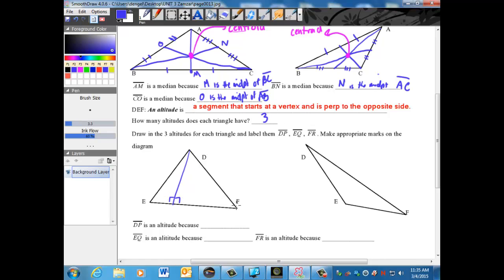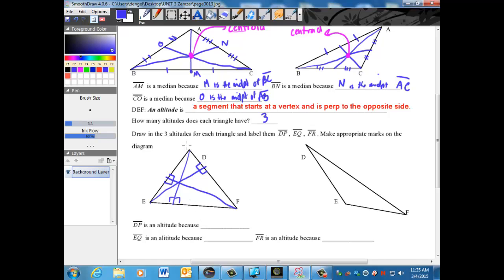We're going to do the same from angle F, and 90 degrees, 90 degrees, and the same from angle E. And again, these aren't going to be perfect, but just our best drawings. All right, I went ahead of myself. DP. So let's think about that.